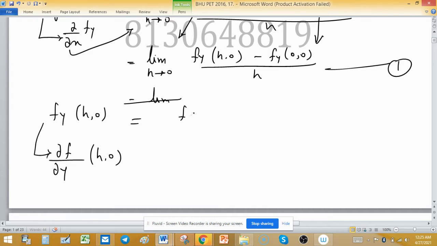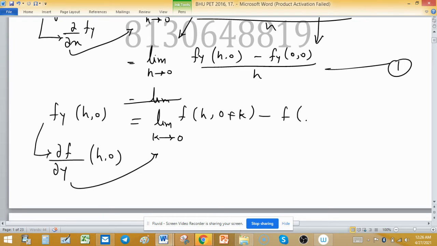So write f(h, 0 plus k), with the limit as k tends to 0, because we are finding the partial derivative with respect to y. Normally when we take the partial derivative with respect to y, we take k, as many mathematicians use.